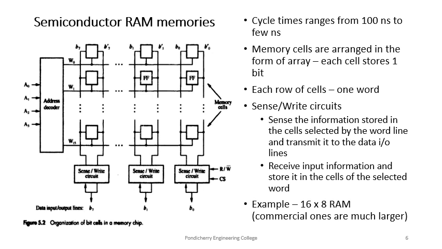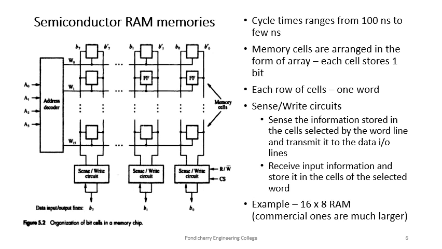We can select a memory with very fast access or cycle times. Basically, each memory cell can store 1 bit. These cells are arranged in the form of an array, so each row of cells corresponds to one word. You can see here an example case of a 16 cross 8 RAM, just for explaining the concept, and commercial RAMs are much larger.